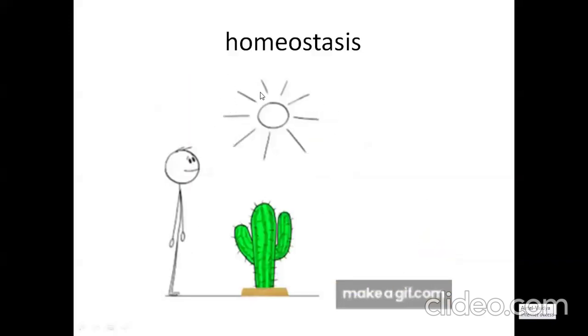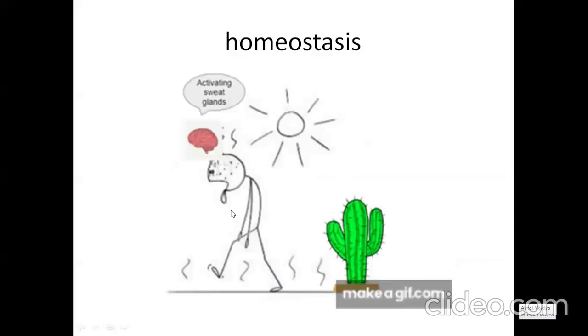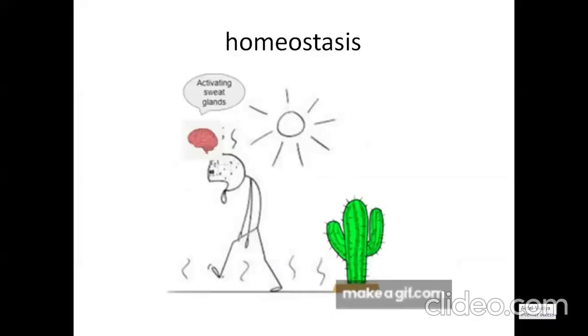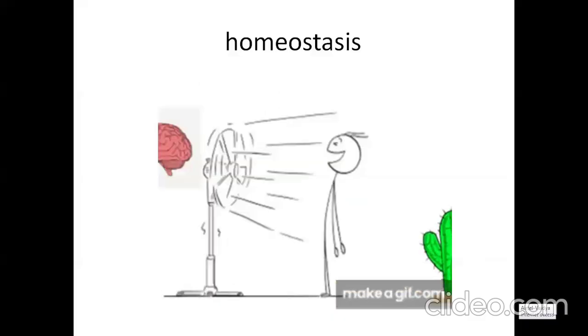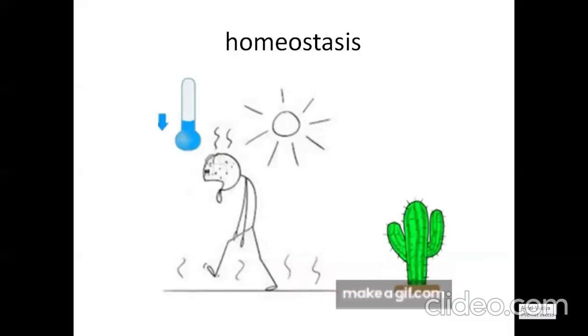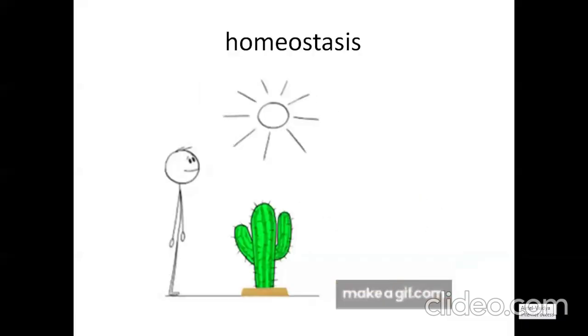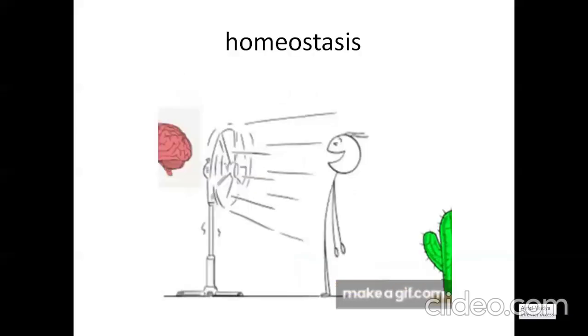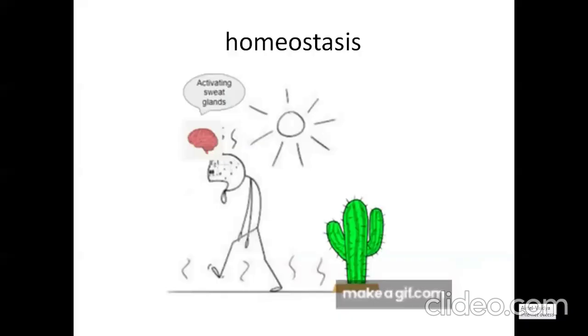When the temperature increases, we sweat, we lose more water, and we get dehydrated. But by activating the sweat glands, the perspiration removes heat and reduces the body heat to maintain our body temperature.